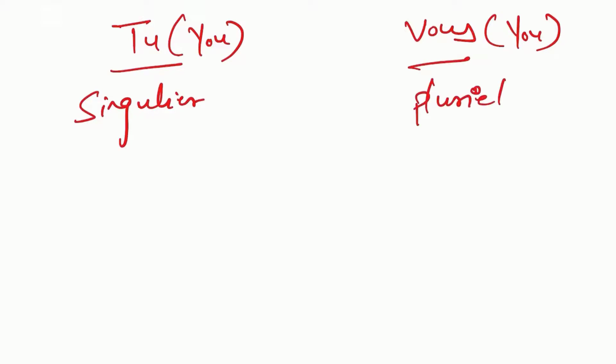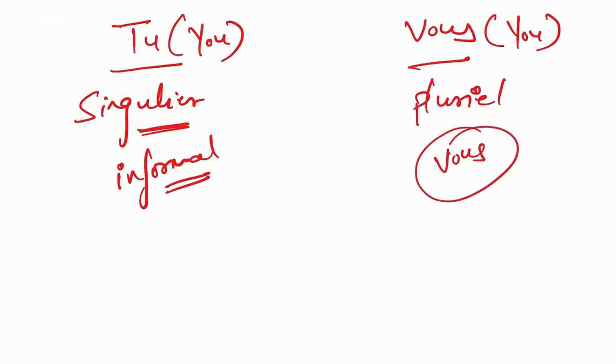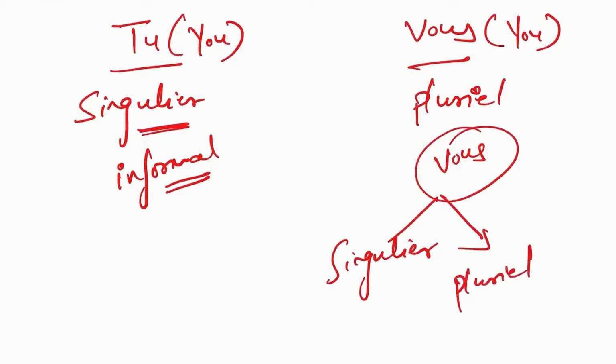But here, tu is only used for singulier in an informal way. If I want to address any elder person, you, sir, then I'll use vous over there. So, vous can be singular or plural, both.